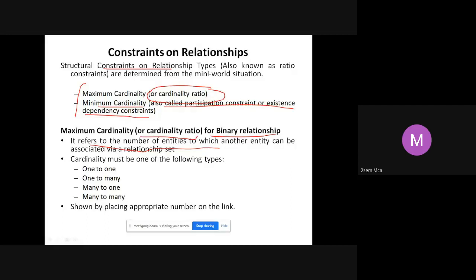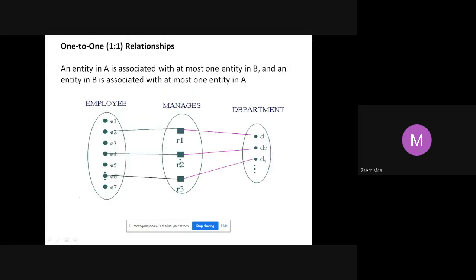Don't worry about the definition. We'll come to examples. It will make it clear. So the cardinality ratio is of four types: 1 to 1, 1 to many, many to 1, many to many. Let us take each one of them one by one.